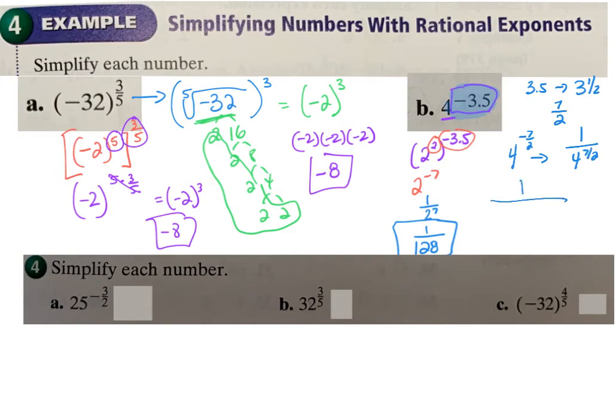The denominator is my index, so that's just a square root to the 7th. What's the square root of 4? 2. 1 over 2 to the 7th, which is the same thing I got when I did it the other way. So both methods work, doing a base and a power to a power, or just converting it to radical form and solving it using your radical.